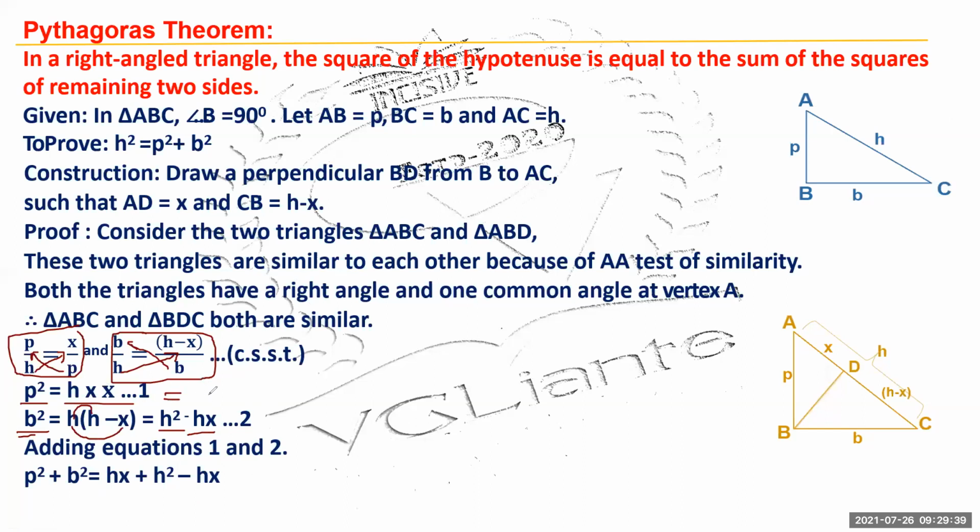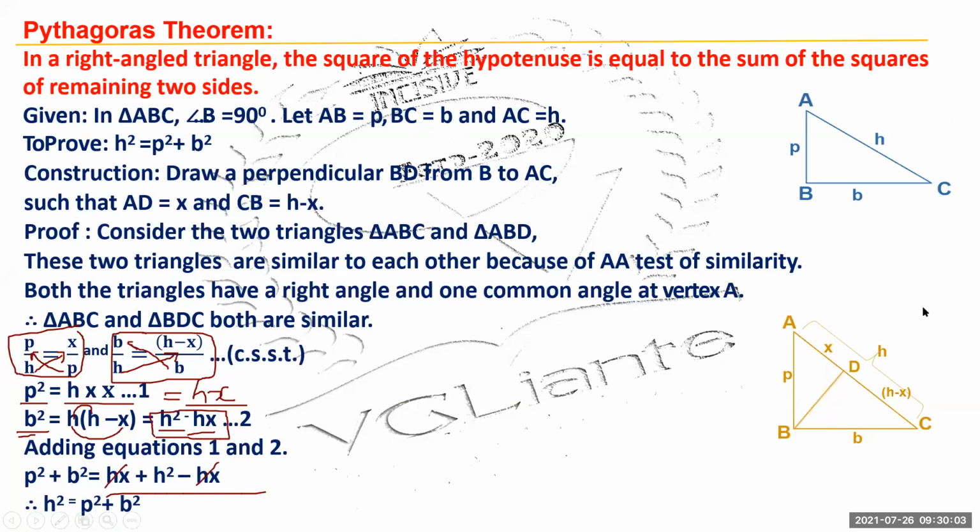Is this clear? Plus HX and minus HX are going to get cancelled off. The remaining terms will be H square equals P square plus B square.